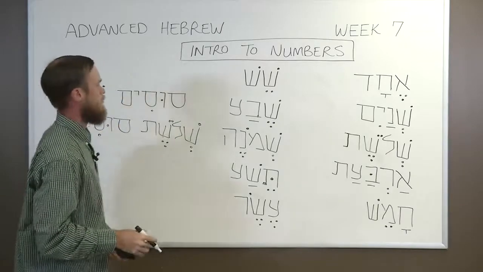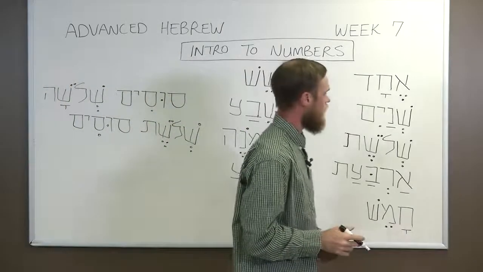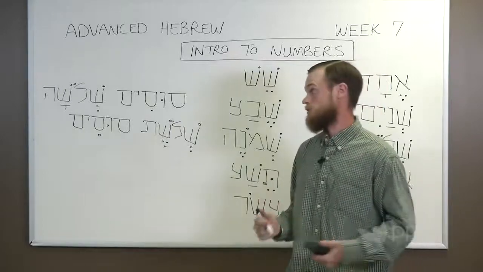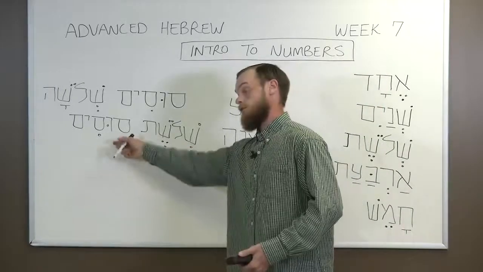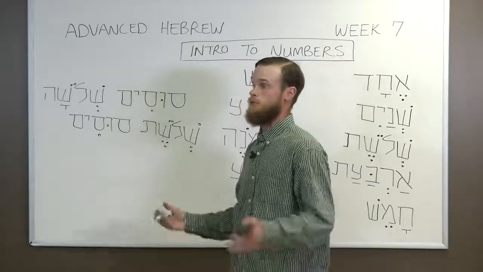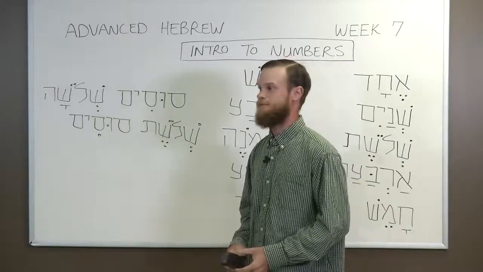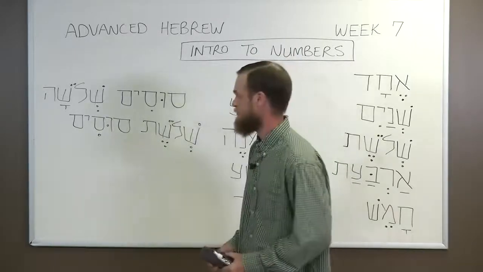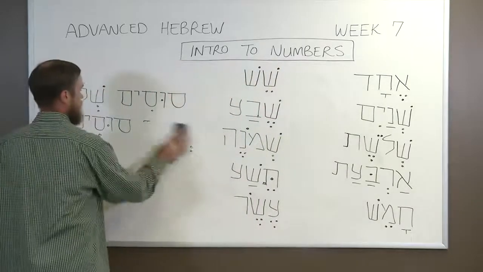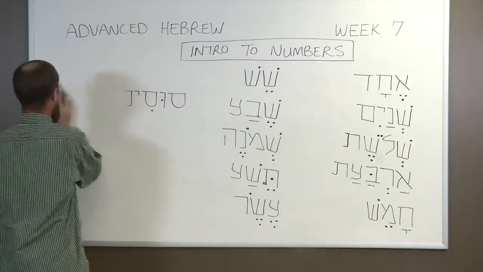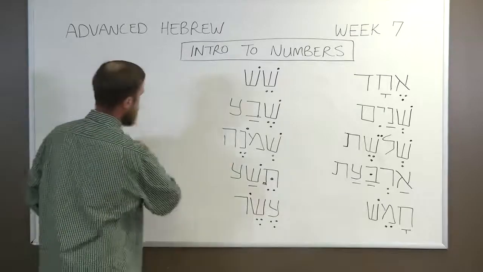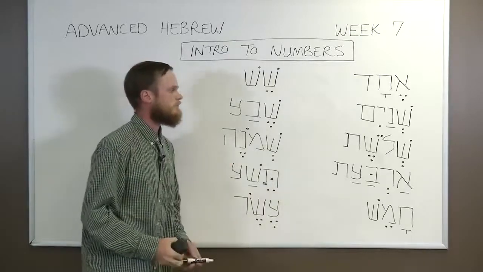Either one means 3 horses. Still in the construct state, we've got to use our feminine form to modify our masculine noun in numbers 3 and above. So this is a little more complicated than Spanish. But anyway, the others from 4 on up all function the same way.